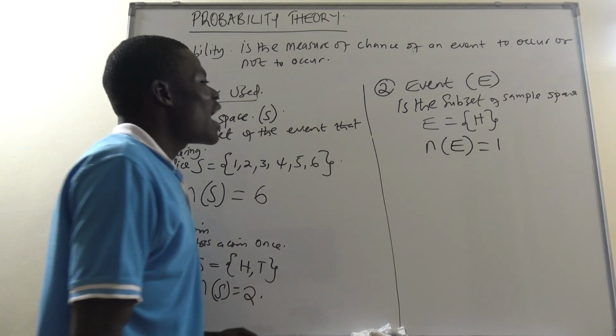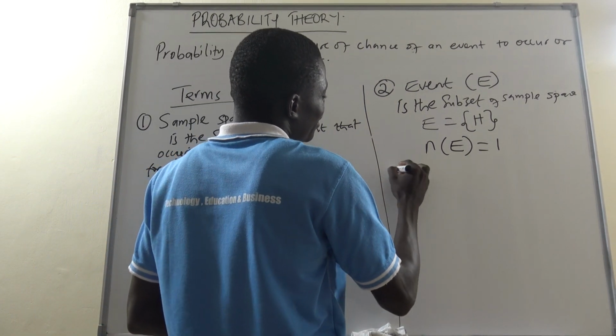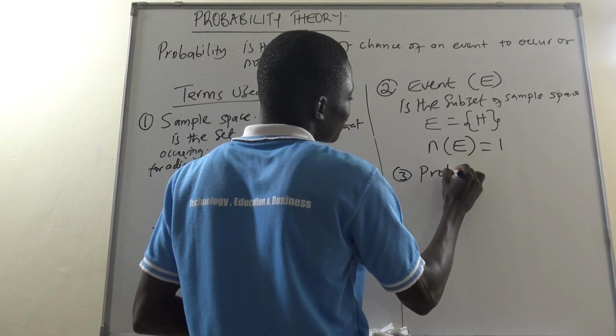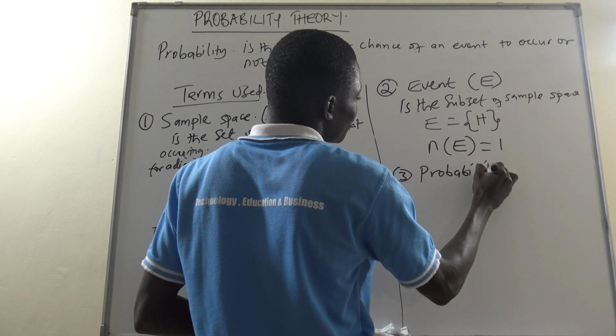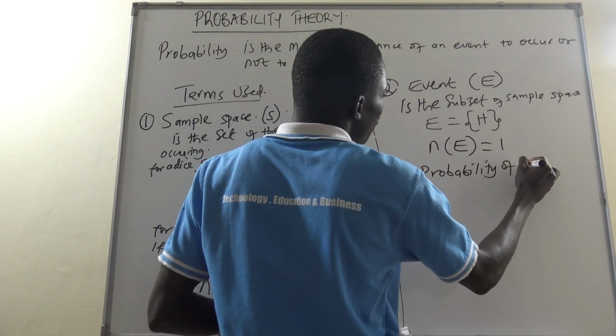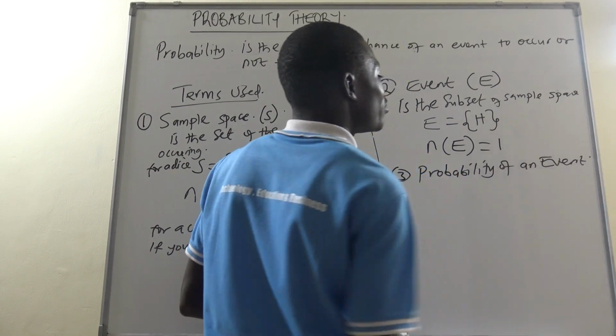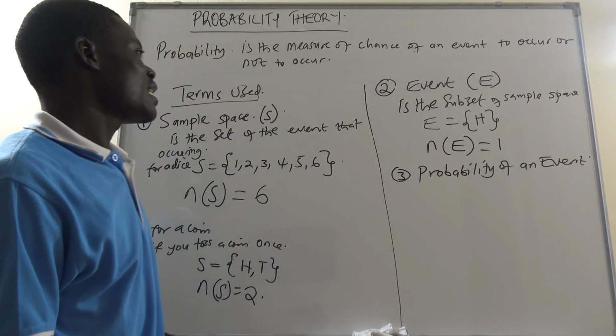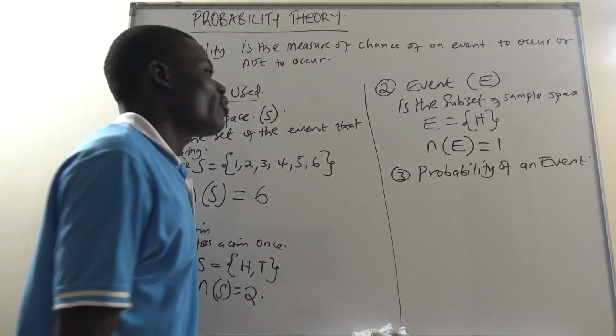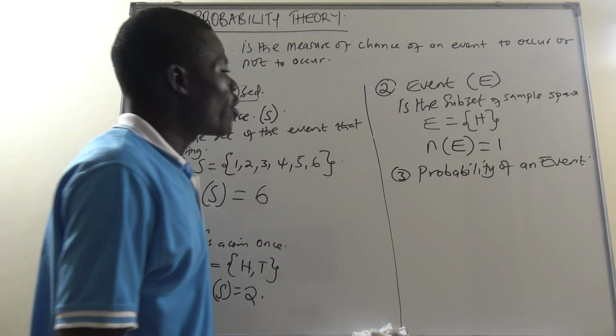Then the third term will be the probability of an event. Probability of an event is just the number of events that occurred out of the sample space.